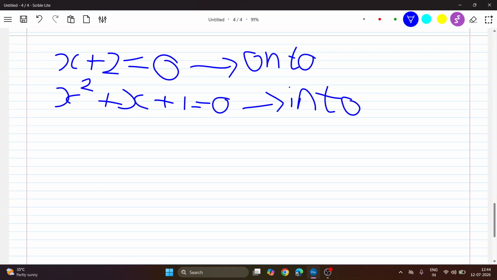Now the first one's onto because it has a real root. And the second one's not onto because the roots are completely unreal, okay?